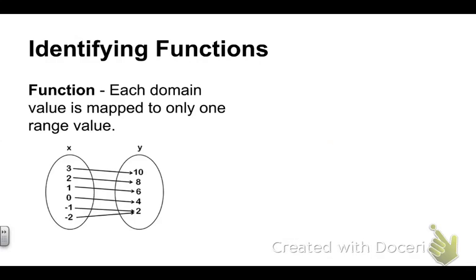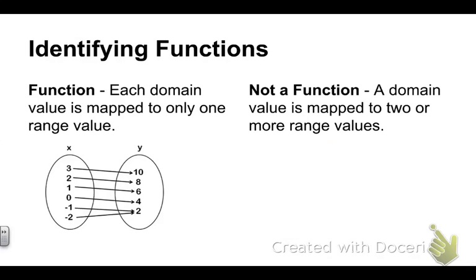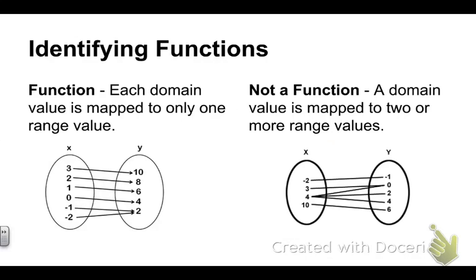Alright, now let me show you the difference. If it's not a function, a domain value is mapped to 2 or more range values. So look at the mapping diagram. Do you see the difference here? Look at the difference between that and then that. Alright?